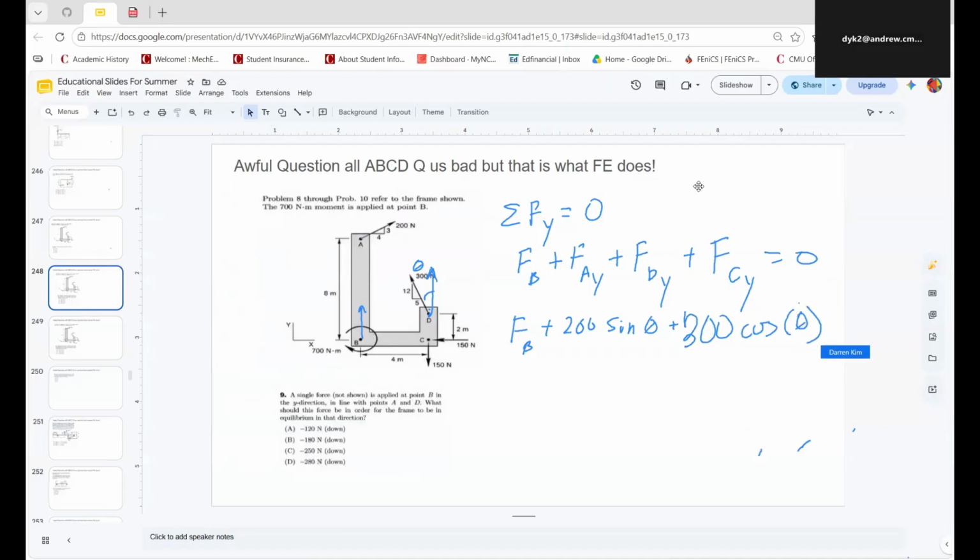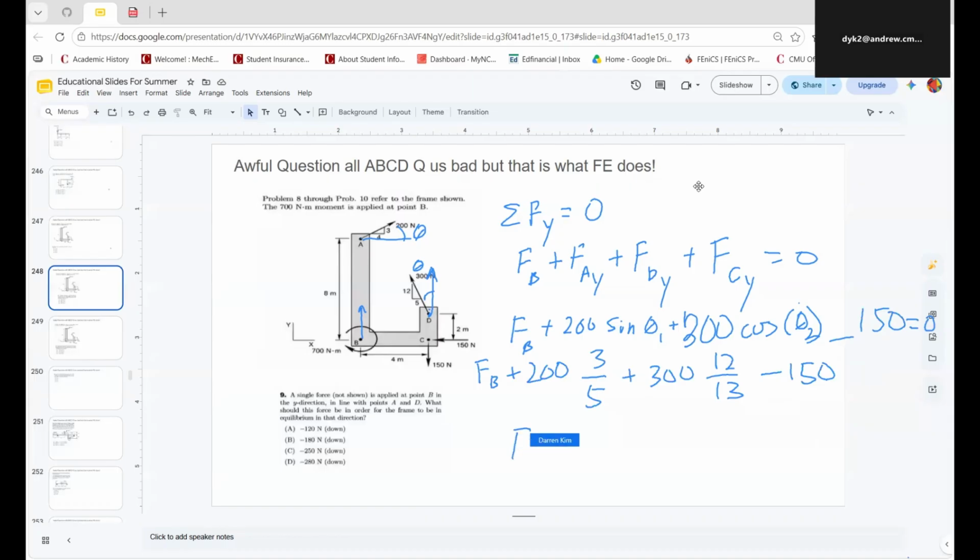Then plus F_C, which is negative 150, so this equals 0. So it's F_B plus 200 times 3 over 5, plus 300 times cosine, which is 12 over 13 on the bottom, minus 150.